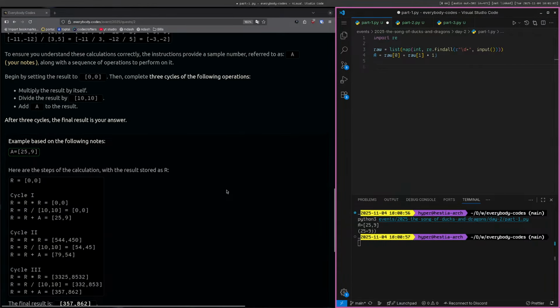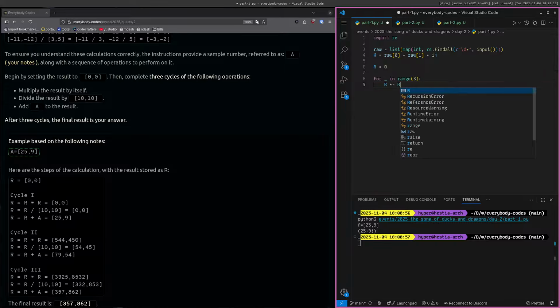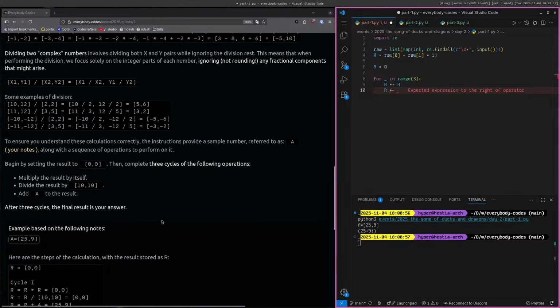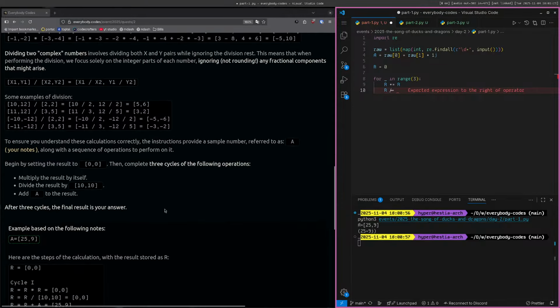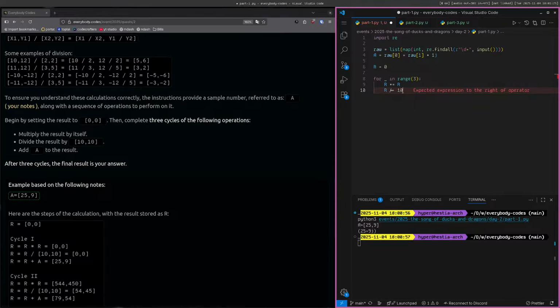So we do 3 cycles of r multiplied by itself, r divided by that, and then r plus equals a.